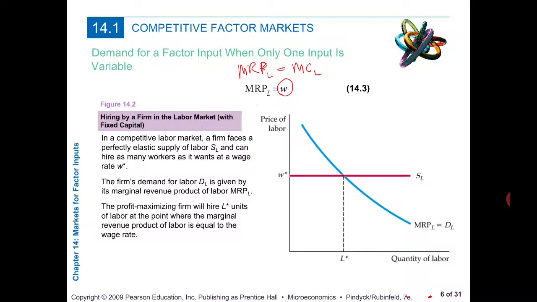So the MRP will represent demand for labor, because the firm that's hiring the input demands the labor because of its MRP value. This is the firm buying labor. But supply is wages, because this is the intention and ability to sell labor services. So this is by the labor, and this one is by the firm.